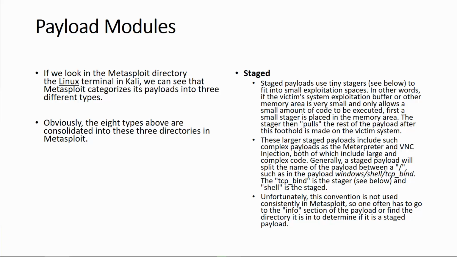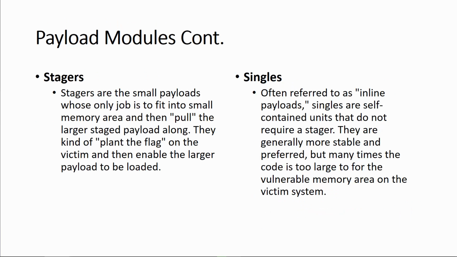The other two are stagers, a small payload that fits in a small area, and singles, often referred to as inline payloads. Singles are self-contained units that do not require a stager, and they generally are more stable and preferred, but many times the code is too large for the vulnerable memory area of the victim machine.